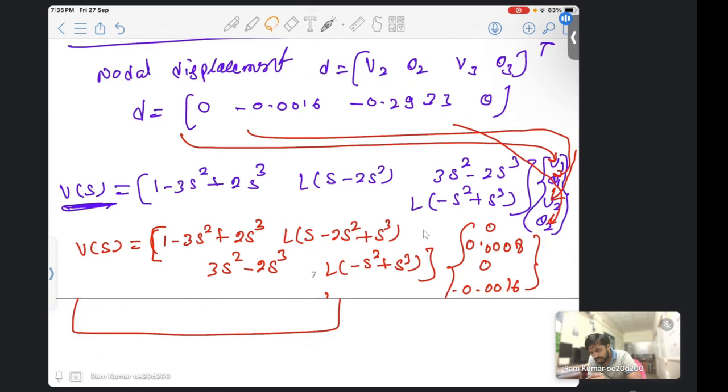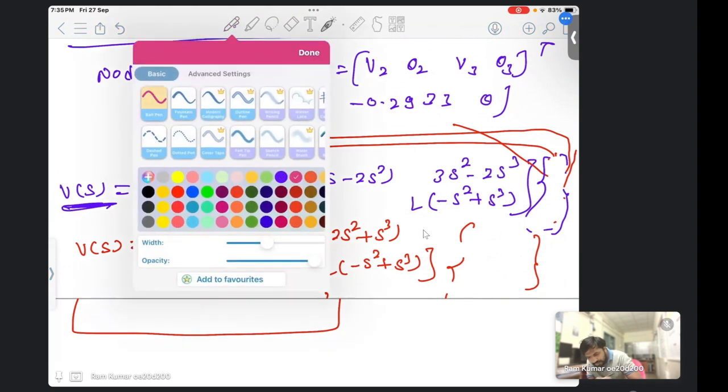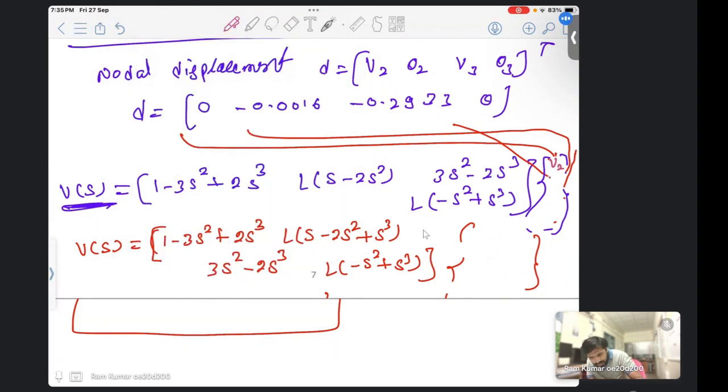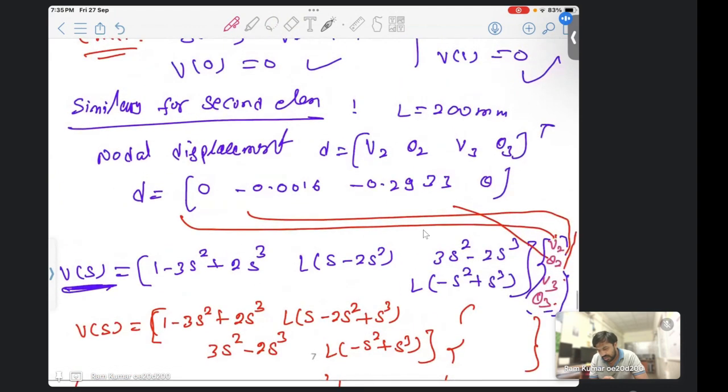So the same shape function will be used here. So v2, theta 2, v3, theta 3, and yes, this is 0 only.